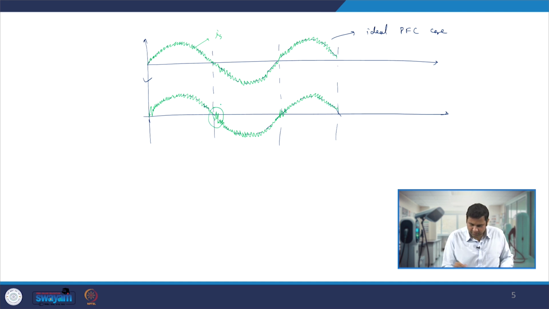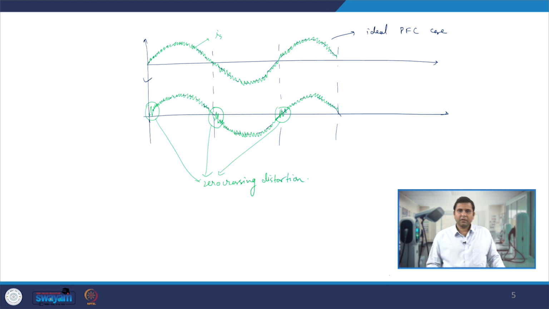At these places, it is called zero crossing distortion, and this zero crossing distortion will actually impact THD and power factor.